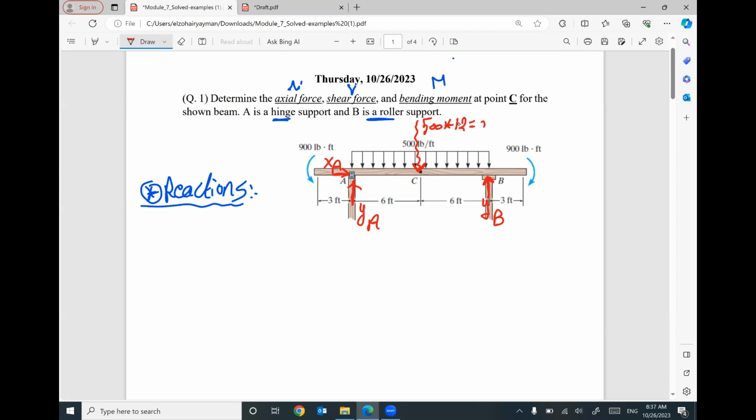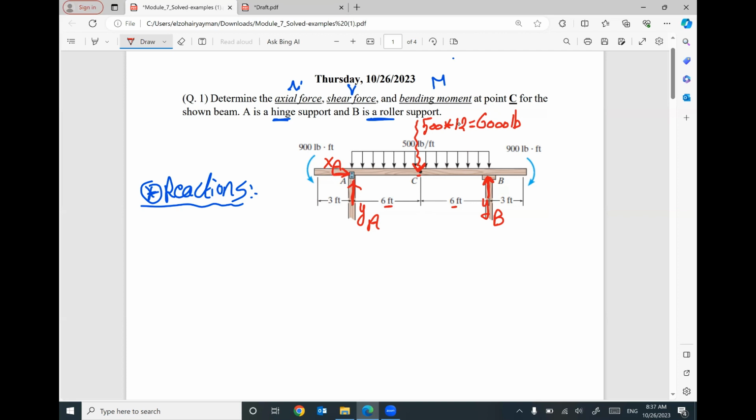It will be, I think, 6,000 pounds. Let me check, but I think it's 6,000. 500 times 12, 6,000. And the location of this equivalent force will be at the mid-span, which is 6 feet on this side and 6 feet on the other side.